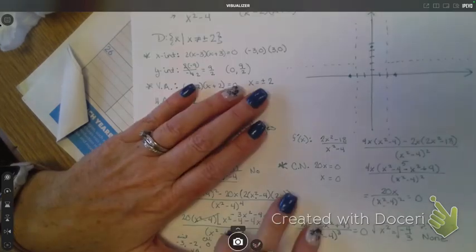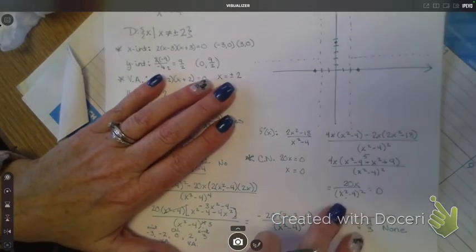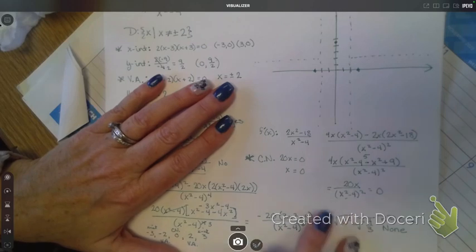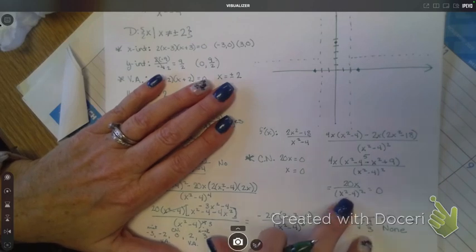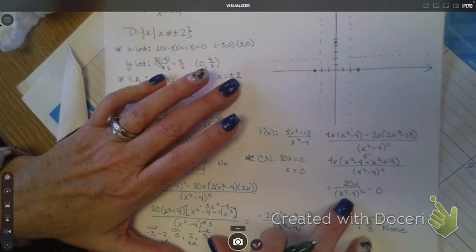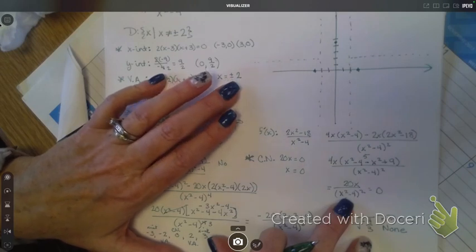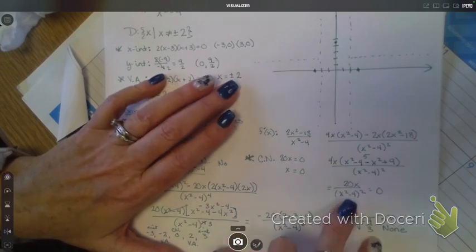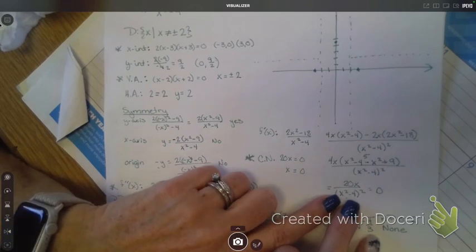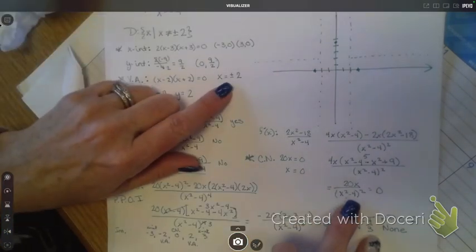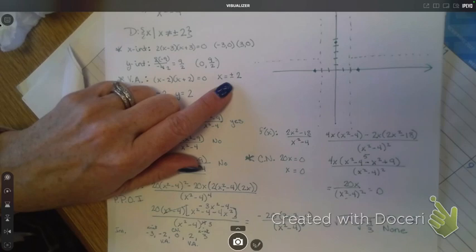Okay, because remember, critical numbers are zeros and undefineds. And I didn't point that out because what is still undefined here? Plus or minus 2, and where's it at? There. Because plus or minus 2 would make that undefined, yes? But do I already have it covered? Yep. Does that make sense?